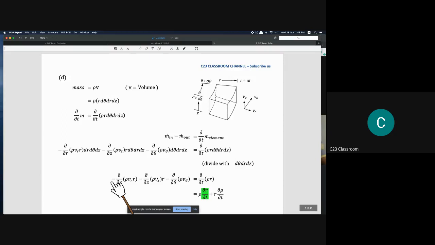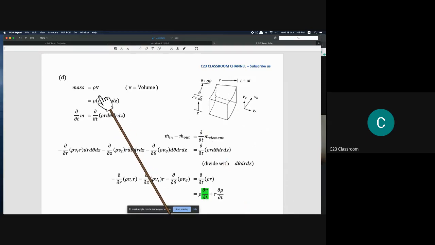Okay, then we are going to define what is dm over dt. So again, mass is actually rho times volume. So we calculate the volume of this one. For this one, it is okay for us to just simplify the calculation of the volume. As I said, we know that the length here is longer compared to the length at this one, but we just assume it is not so much different.